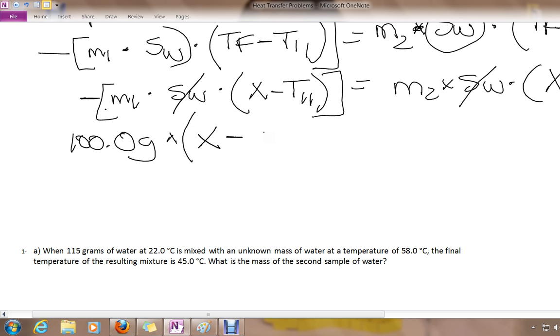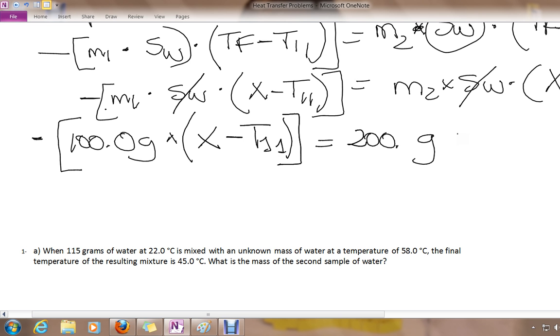So now you multiply by x minus the initial temperature of system 1, and remember this has the negative sign, equals mass 2, which is 200 grams, multiplied by x minus the initial temperature of 2. Now, remember this is multiplying the whole binomial, so why don't we divide both sides by 100?